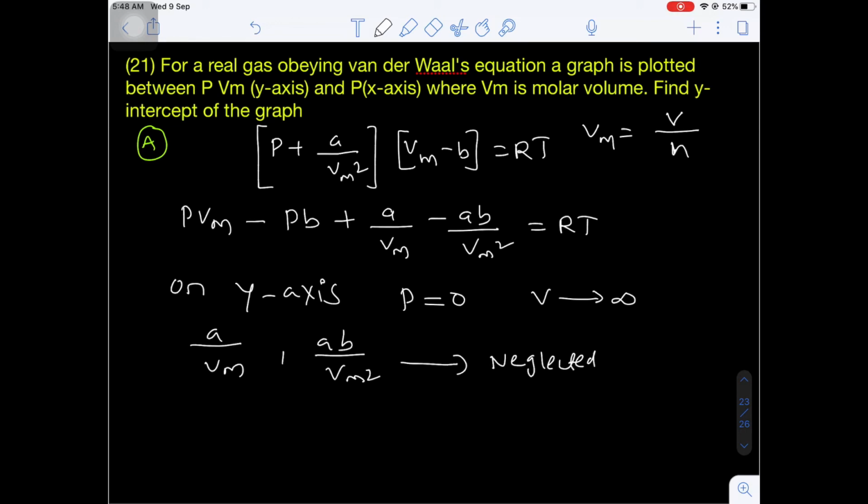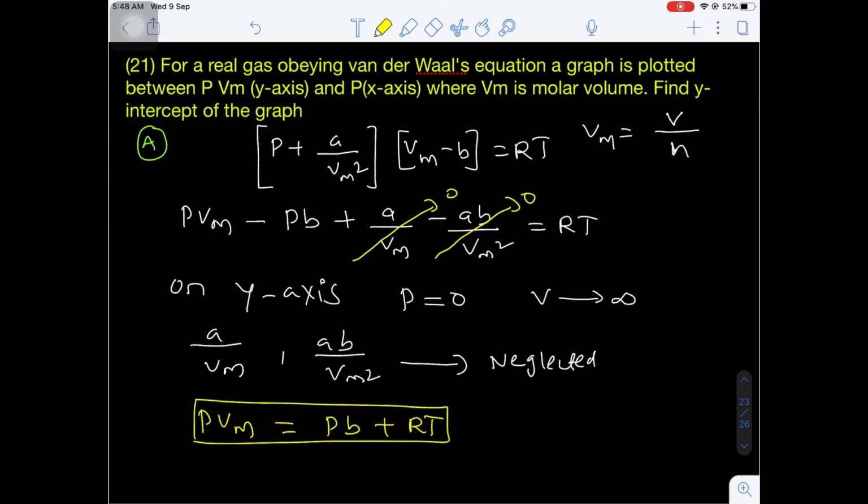After neglecting these two terms, the final expression will be PVm equals, neglecting this and this, overall Pb plus RT. Are you getting my point?